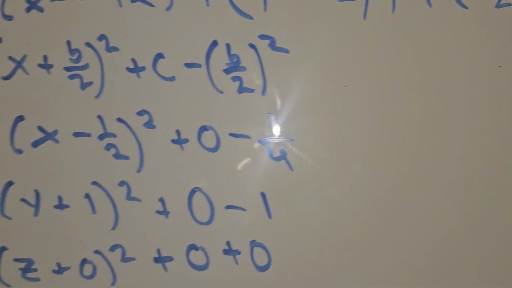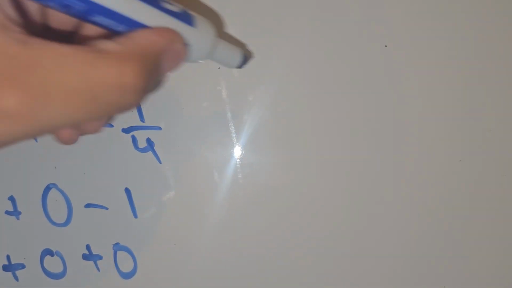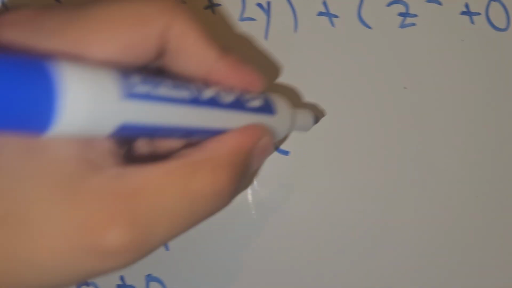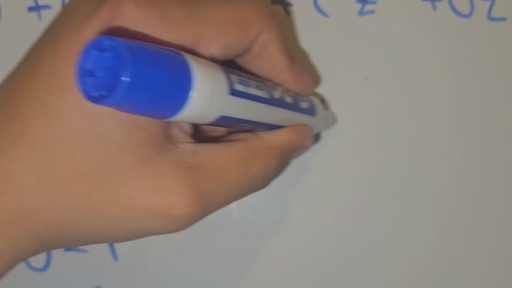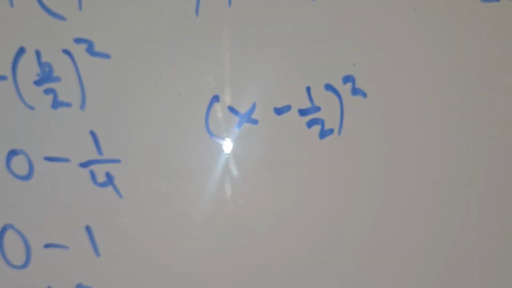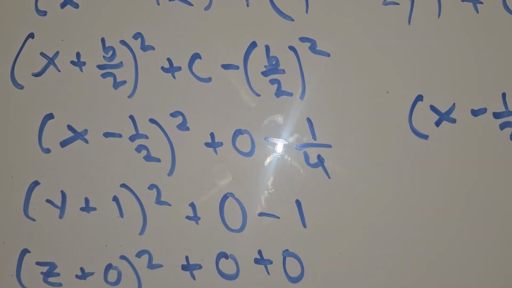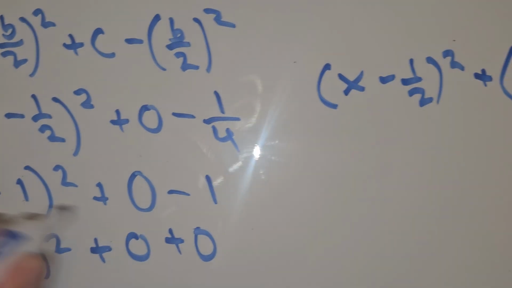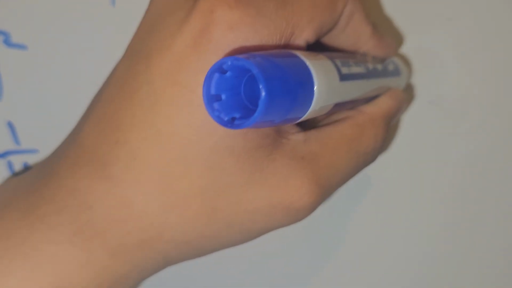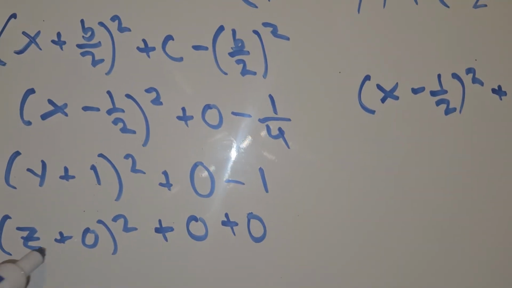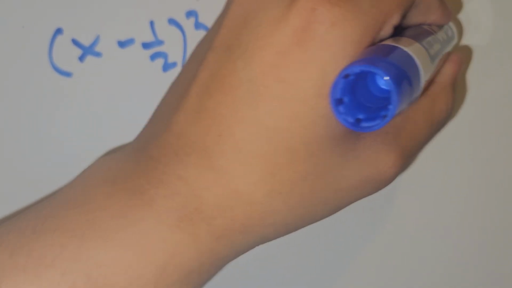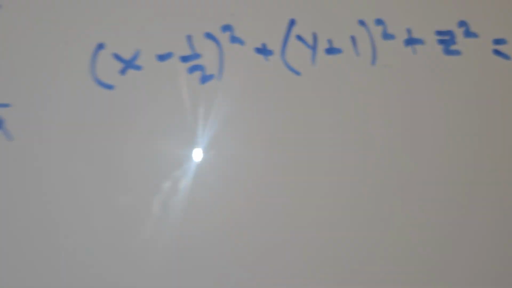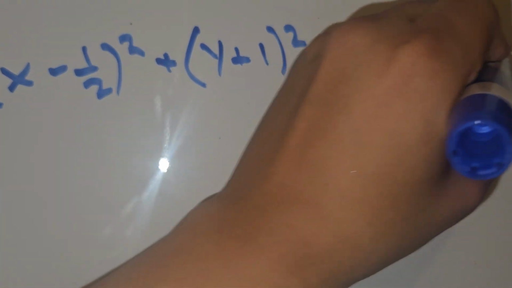So we have x minus 1/2 squared plus y plus 1 squared plus z, that's just z squared, equals negative 1/2.